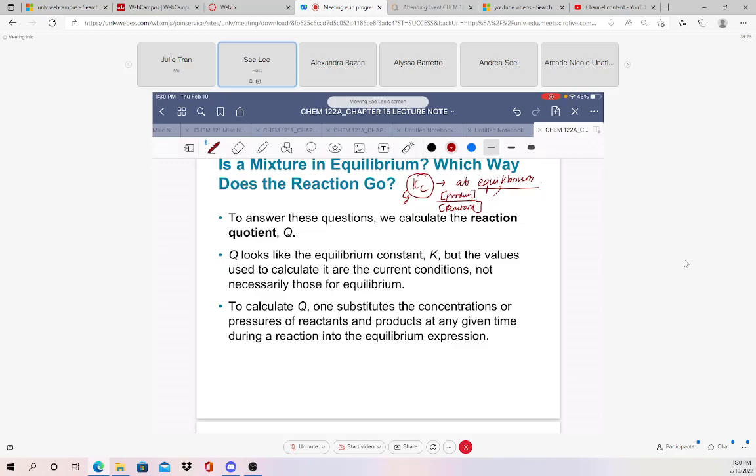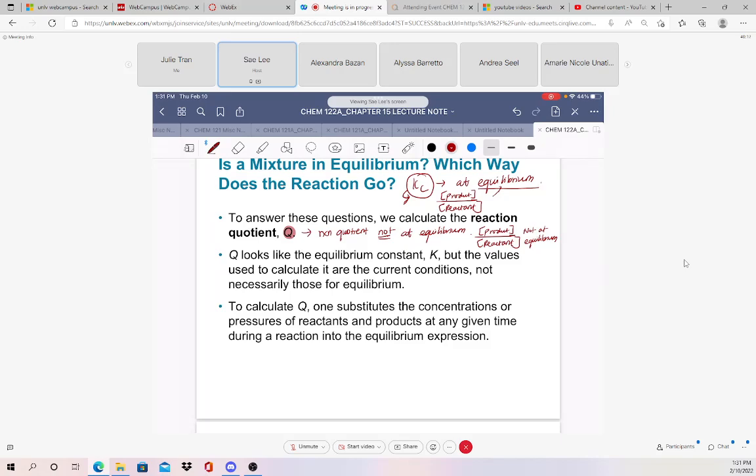The reaction quotient that is not at equilibrium is labeled as Q. To calculate the quotient Q, the concentrations of product and reactant not at equilibrium will be used.